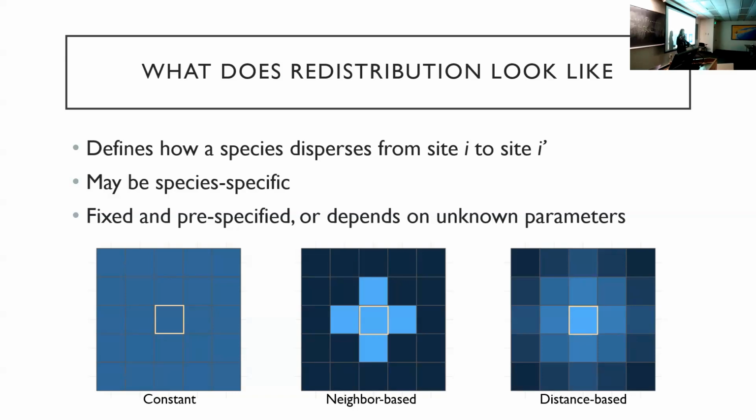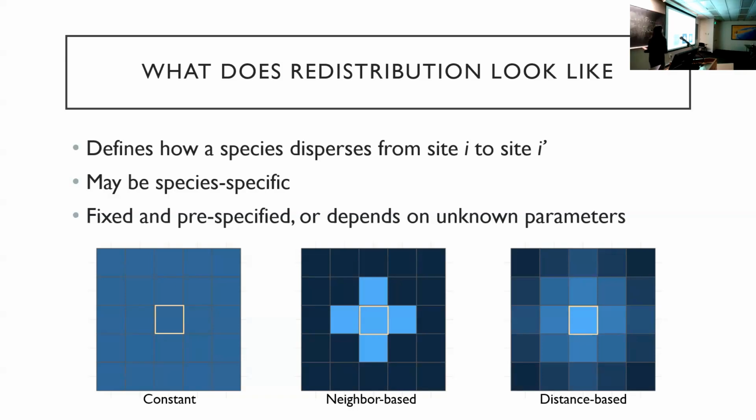Some people have put into models the idea of a neighbor-based dispersal or redistribution, where you're only allowed to move to one of your neighboring regions, so a bordered one, and everywhere else is sort of zero chance. Then we can relax that assumption a little bit by having it truly be distance-based. The population can move anywhere in the map, but most likely they're going to have a higher chance of staying close to home than going far away, right? This could be extremely species specific.